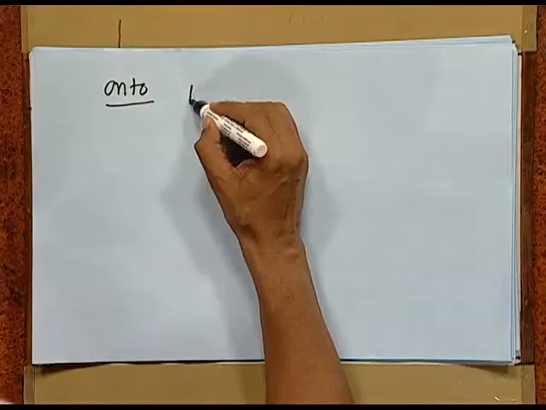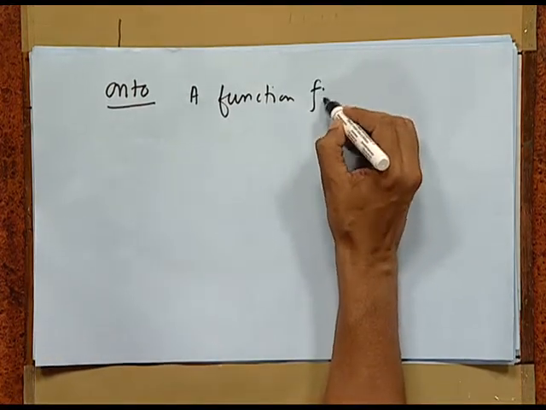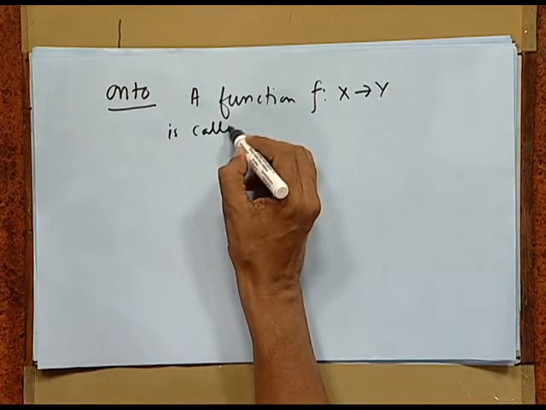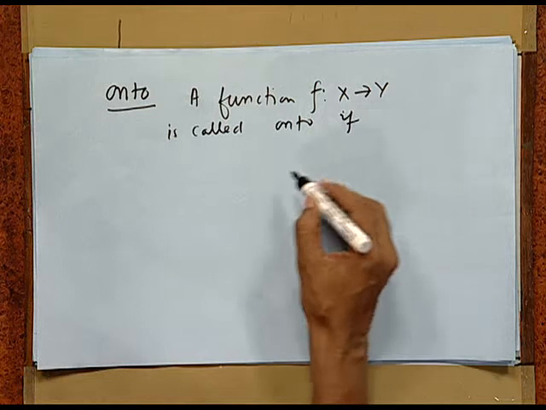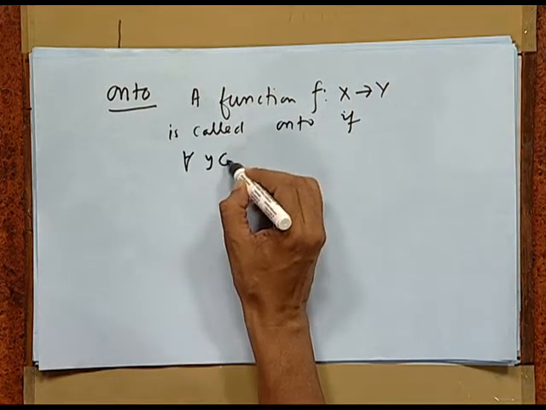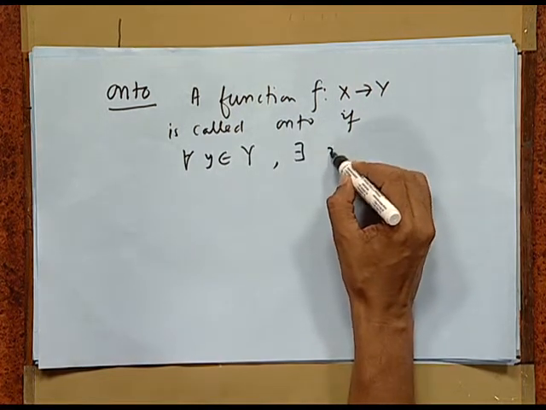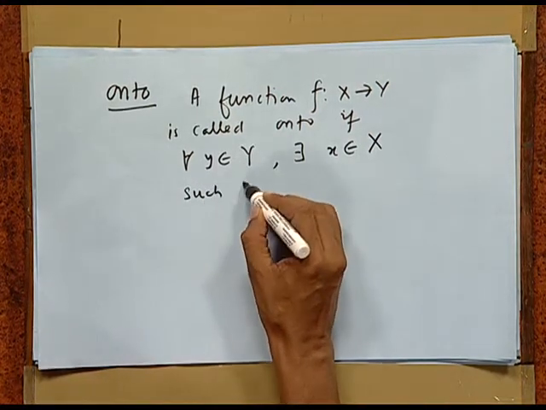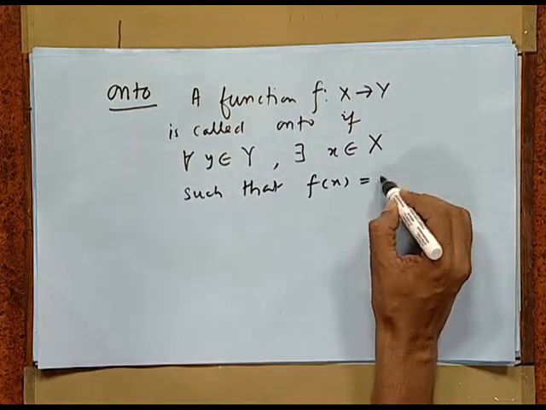The same thing we write as: a function f: X to Y is called onto if for all y belonging to Y there exists x belonging to X such that f(x) is y.